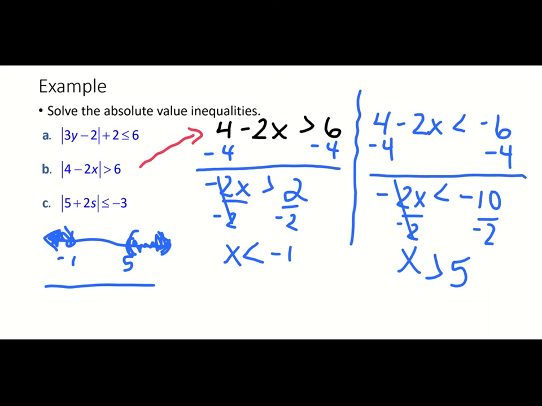We would have negative infinity to negative 1, and they both get parentheses, because remember, around infinity you always put parentheses, and our sign does not include negative 1. Then put your U for union to show that it includes both, and our next one is going to be parentheses 5 to positive infinity, and that would be our answer in interval notation.